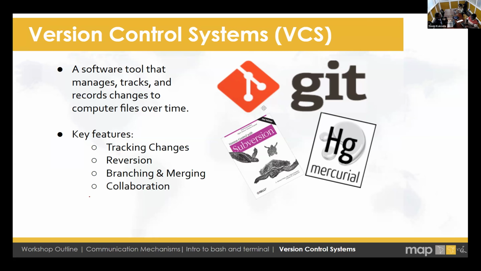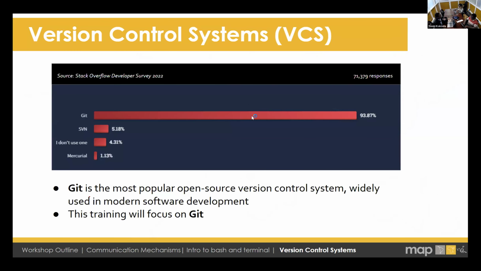These are the common ones used, but in our training, we will focus on Git for version control, because according to this survey, the Stack Overflow survey from 2022, when developers were asked which kind of version control system they are using, the majority of them are using Git. So Git is the popular version control system.